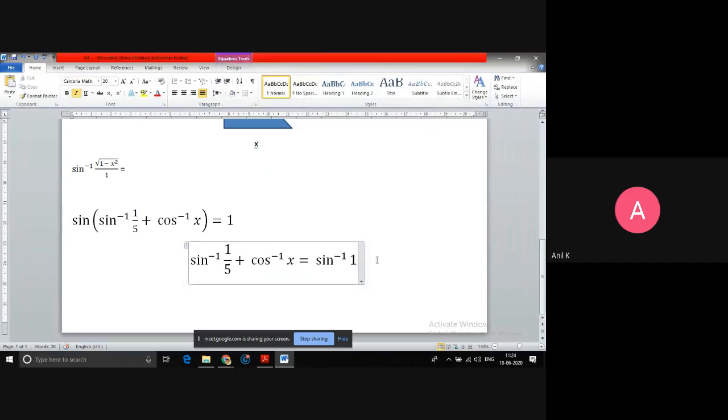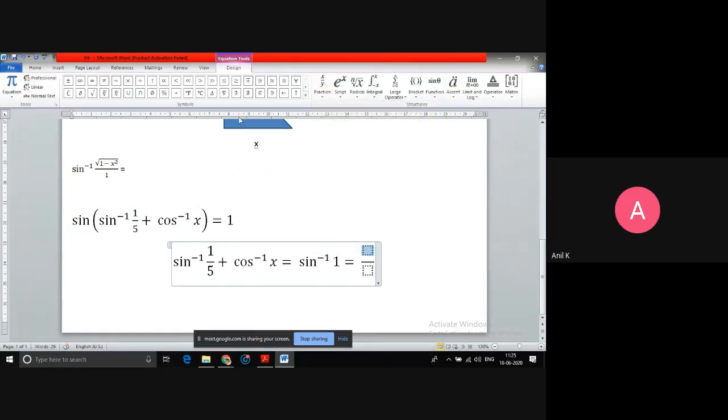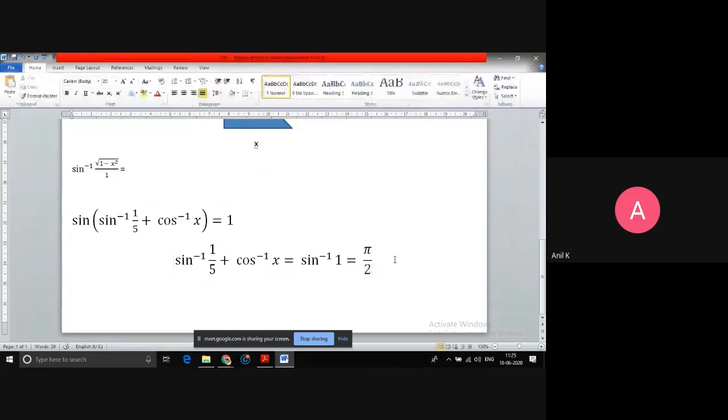What could be the value of sine inverse 1? Sine 90 is 1, right? So sine inverse 1 is going to be 90, so I can replace this as pi by 2. Sine inverse 1 is nothing but pi by 2. Now what do you have? Sine inverse 1 by 5 plus cos inverse x is equal to pi by 2.